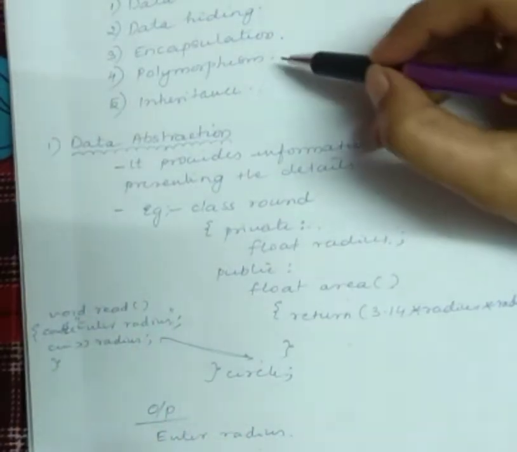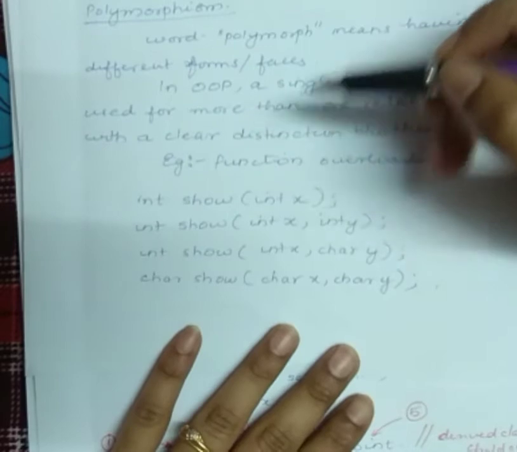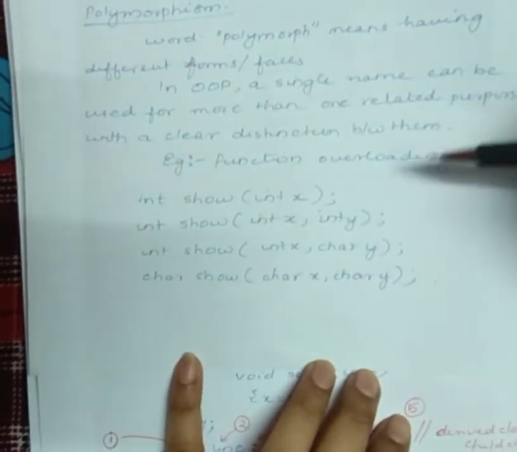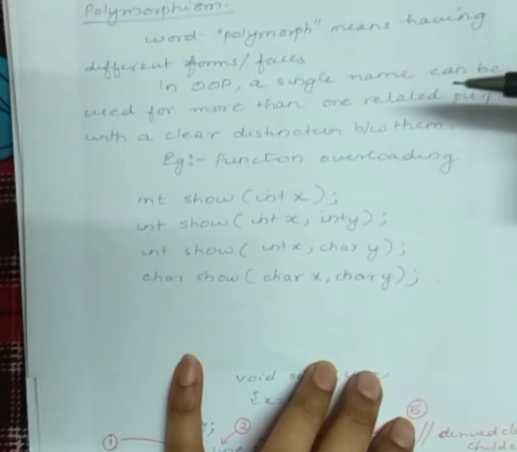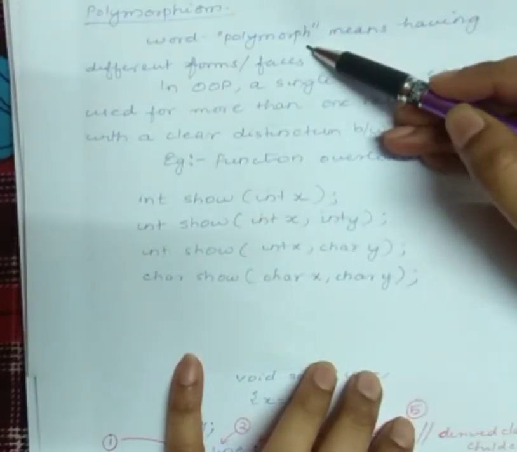And the fourth one is polymorphism. I will explain this with an example. Function overloading is a best example for polymorphism. The name polymorph means having different forms.